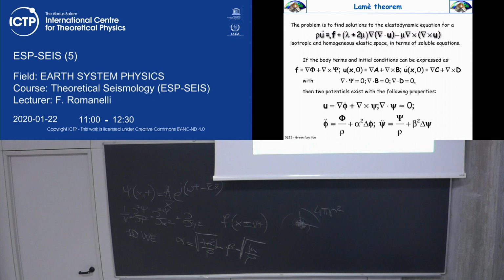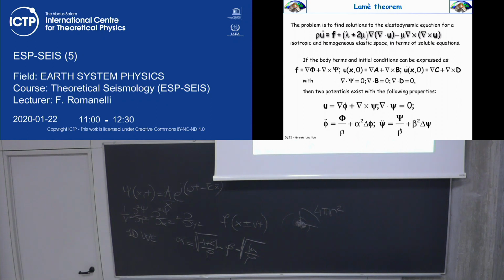What is the idea? To take this equation, that is complicated, use Helmholtz theorem for displacement and the body force, and what we're getting here is this. U can be written as the gradient of a scalar potential plus the curl of a vector potential, and now the two potentials that are defining U have to satisfy these two equations.